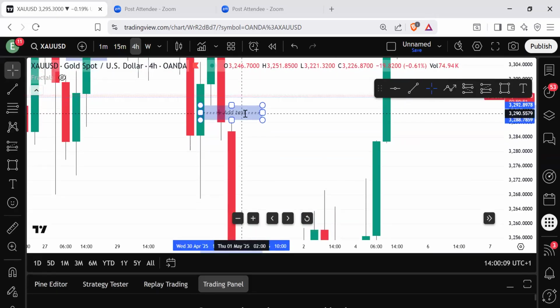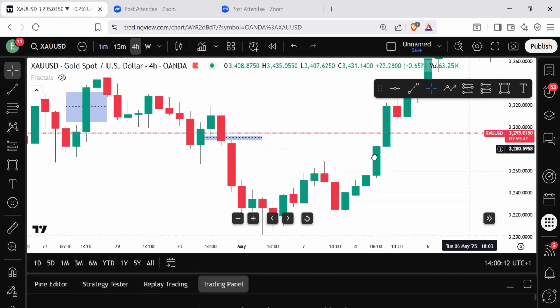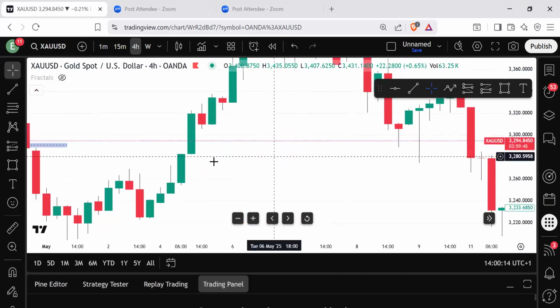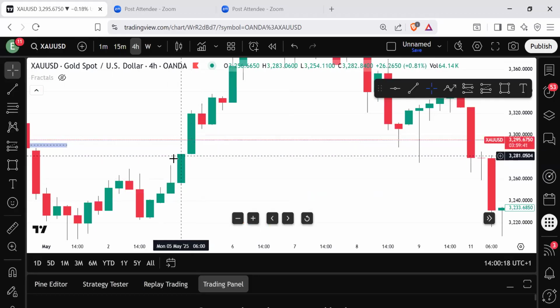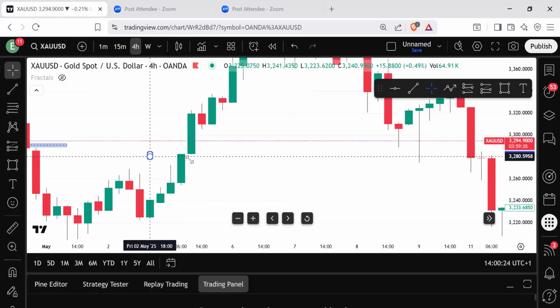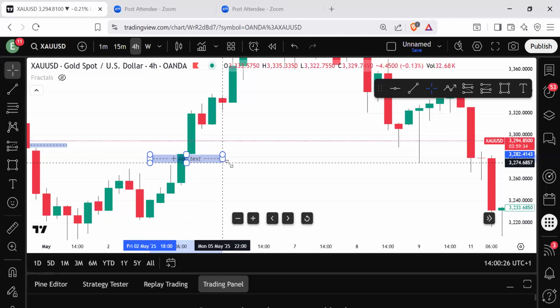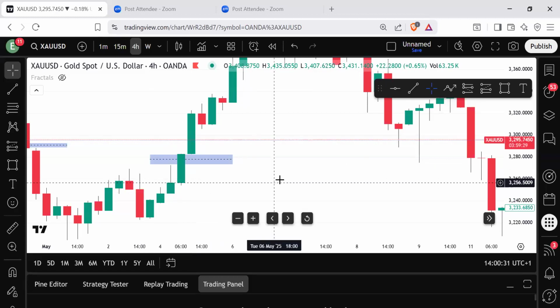I was just checking whether I'm identifying it correctly or not. If we look at this and this one, there's a little gap here. The wick is also part of the candle.